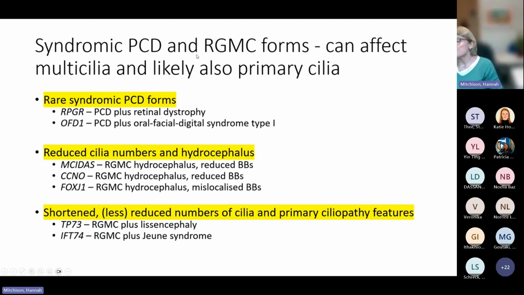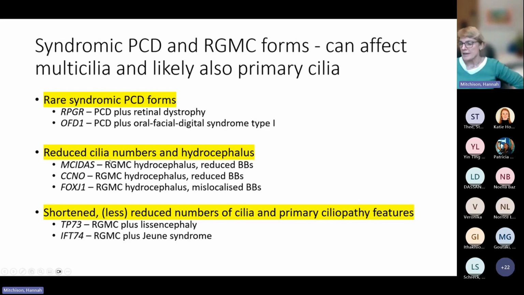So syndromic PCD and RGMC can affect multicilia, and also some are emerging where primary cilia are affected. The primary cilia do a lot of signalling and are very ubiquitous in the body and cause primary ciliopathies. We now have a couple of primary ciliopathy related genes that are emerging that cause PCD.